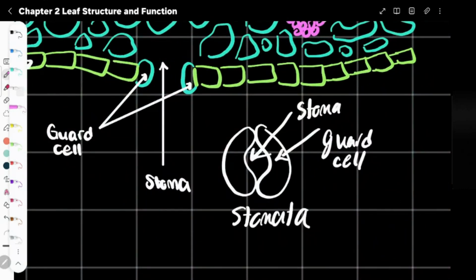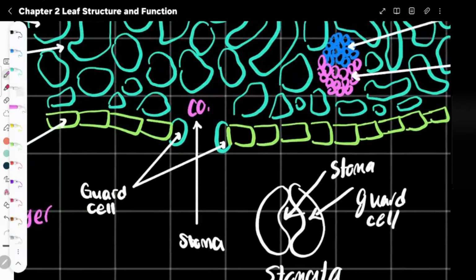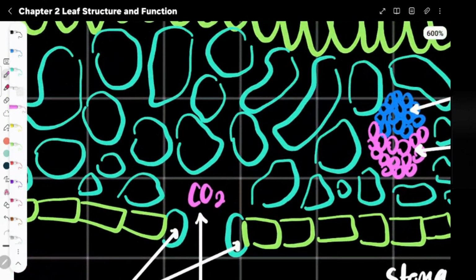So imagine carbon dioxide enters here. Now what does it do? We need carbon dioxide, so the carbon dioxide will go to the spongy mesophyll. This is the spongy mesophyll. It will diffuse into the spongy mesophyll.